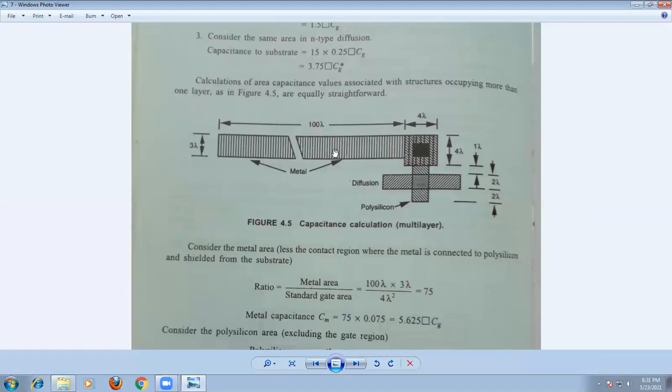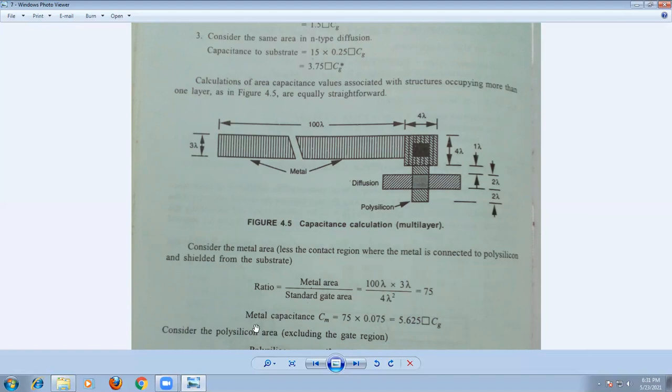The actual metal area is 3 lambda into 100 lambda, divided by the standard gate area, 2 lambda into 2 lambda. Calculate this value and you get 75. So for this metal 1 layer, the relative area is equal to 75.